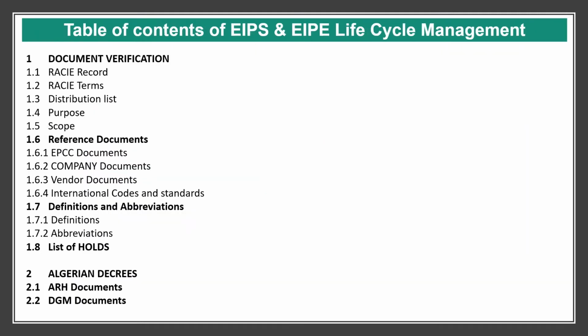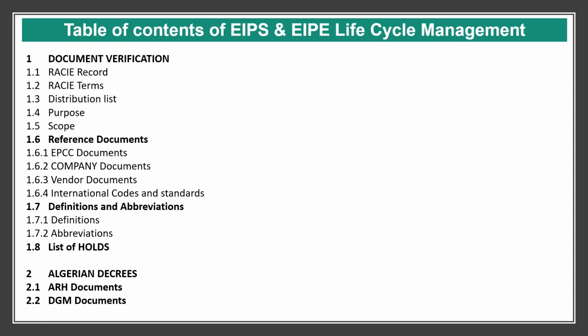The table of contents of safety critical element lifecycle management should cover document verification. Because it is a formal document, the roles and responsibilities for signature should be given: who is responsible, who is accountable, and the people who endorse the documents with their signatures and the date of signature for implementation.